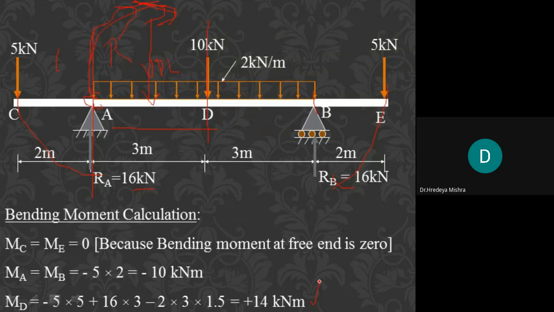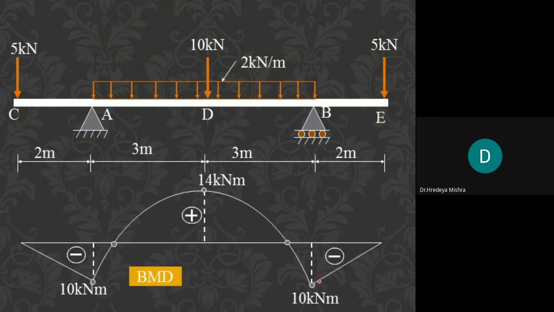So for all the points we get the bending moments. Now see here, we have to draw the bending moment diagram. So see here, at C it is 0, at E it is 0, and at B and A the value is minus 10. See here.